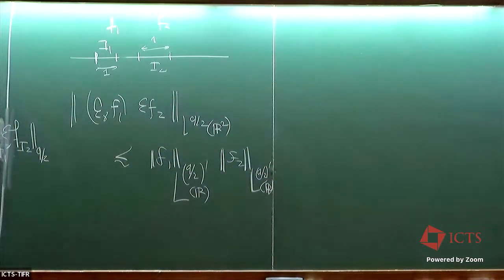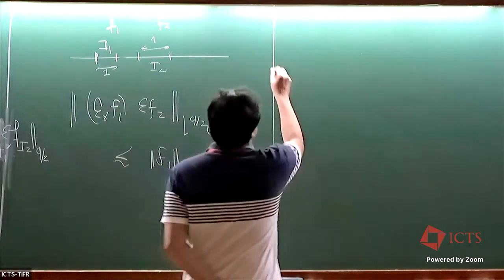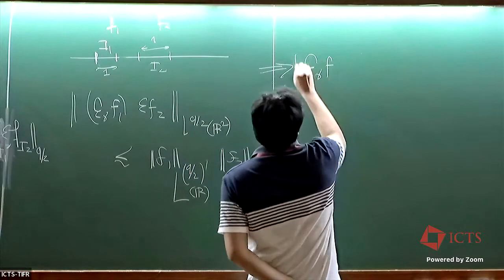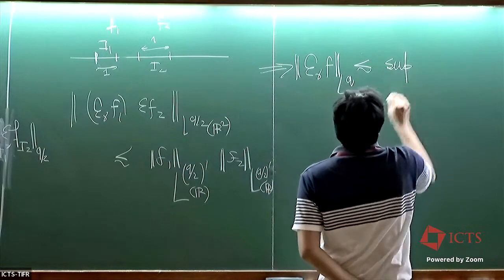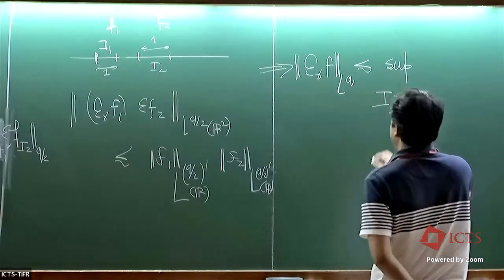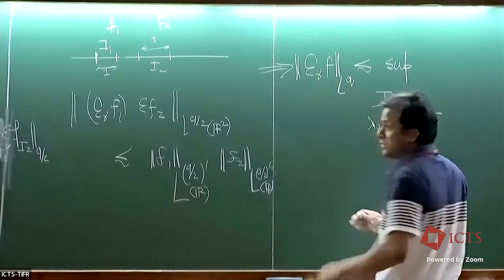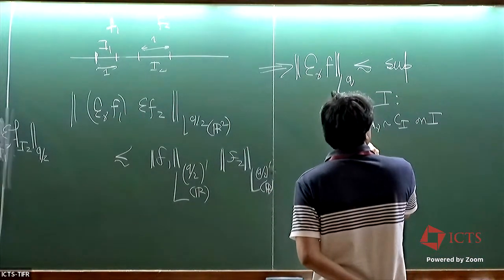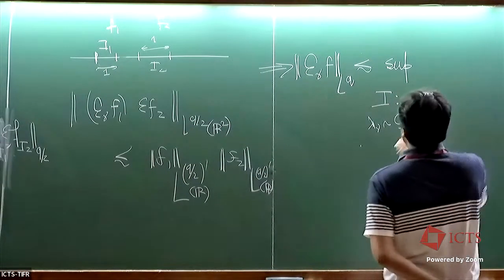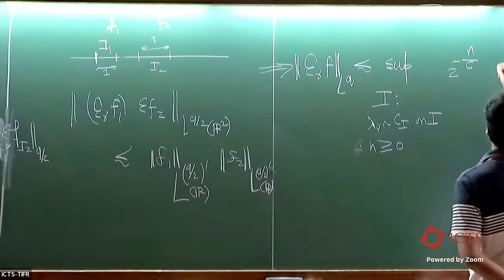So now if you scale this back to this length and put it back here, we get something like this. This implies that the extension of gamma f in L^q is at most the supremum over all intervals I, where I have this property that the affine arclength measure is constant on I, so it's not too large or too small, times, and n positive integers, 2 to the power minus n over capital C, some large number C, times.